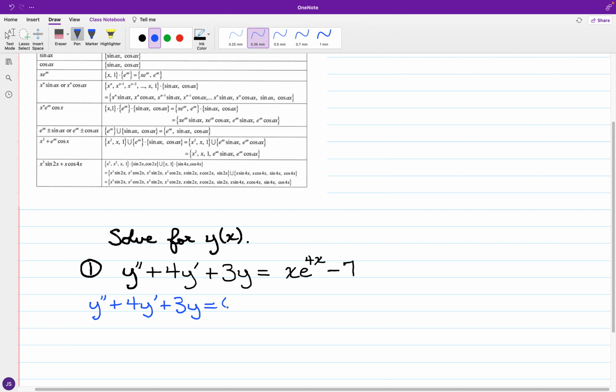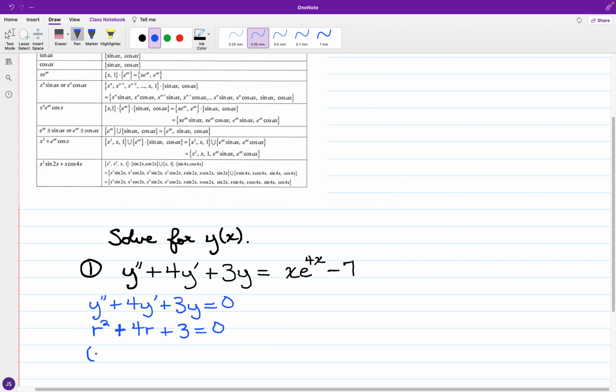And so we translate to the characteristic root equation. So y double prime relates to r squared, 4 times the first order derivative runs parallel to 4 times r, and we have a 3y, which translates to just the constant 3 since there's no order in the derivative.